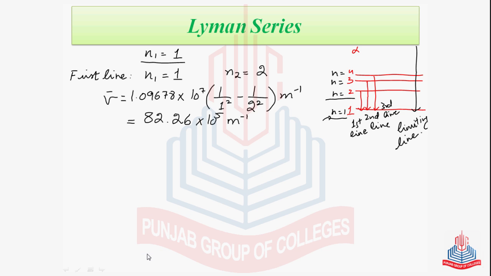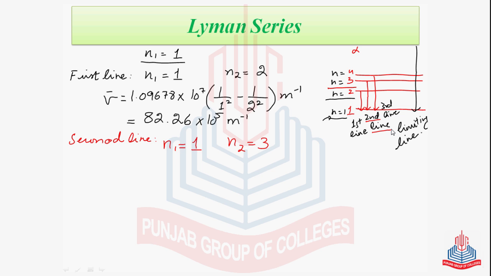अगर हमें फर्स्ट लाइन की कैलकुलेशन समझ आ गई है, we can easily do the calculation for the second line. For the second line, Lyman series की ही कैलकुलेशन है, तो N1 फिक्स है 1, N2 will be equal to 3. जो बात हम यहाँ पे समझ चुके हैं that this will be the second line.